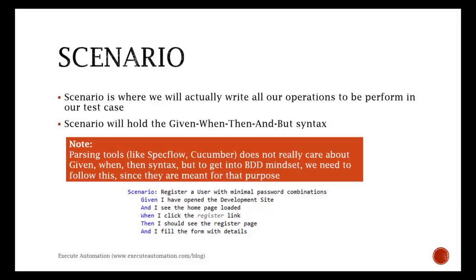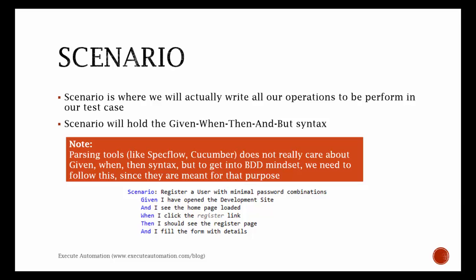Now it's going to be very interesting. We said earlier that the parsing tools follow the syntax of Gherkin, but now we are saying that the parser does not really care about keywords like given, when, then. But why is that? The reality is the parser does not really care about what the given, when, and then are going to perform.